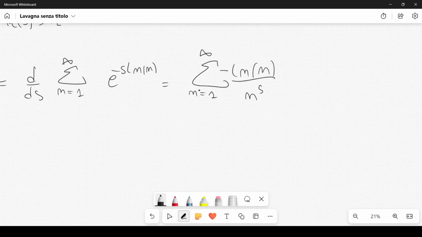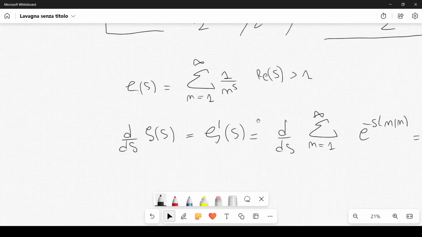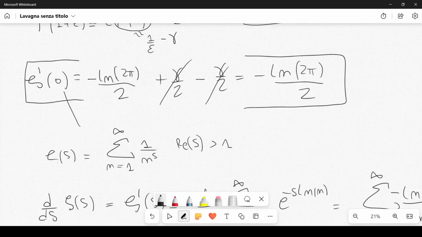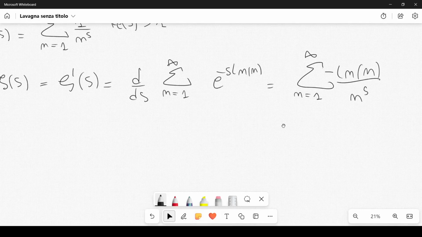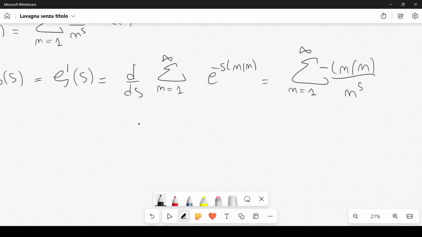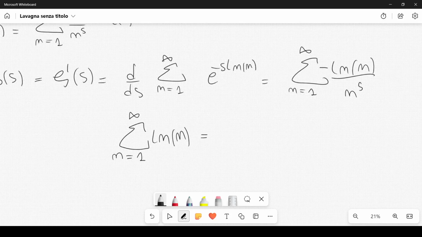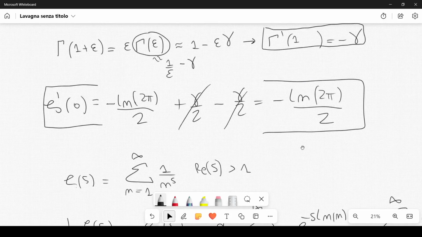But what the derivative of the Riemann Zeta function tells us, and in particular I'm referring to this here, so when we let s go to 0, well, that tells us that we can in some way regulate a series of this kind, summation over the integer n from 1 to infinity of natural log of n, we can, in some sense, associate this infinite summation with the natural logarithm of 2 pi divided by 2, just like in here.